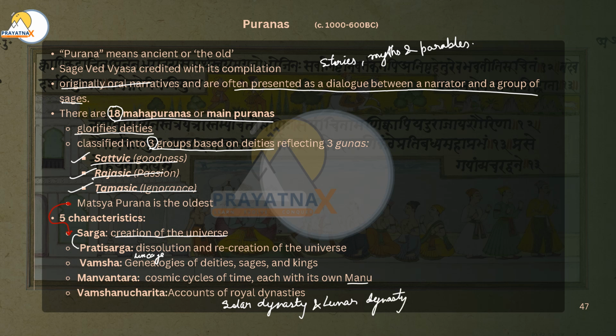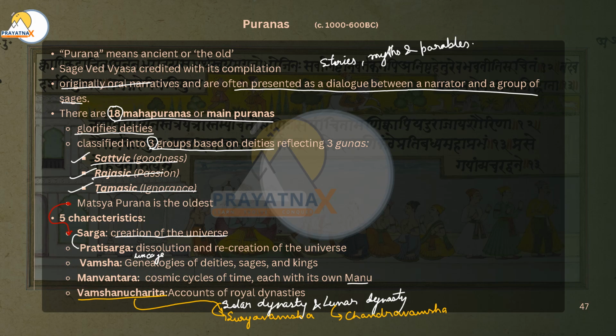The solar dynasty was called Surya Vamsha, and the lunar dynasty was called Chandra Vamsha. Since solar is related to Surya and lunar is related to Chandra, it is very easy to remember.